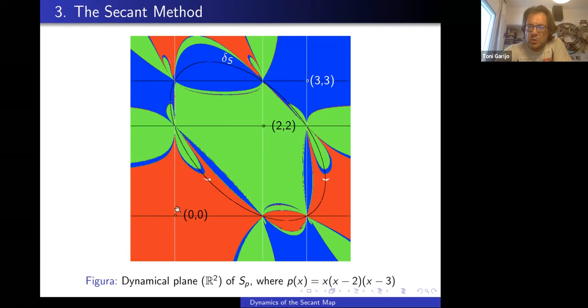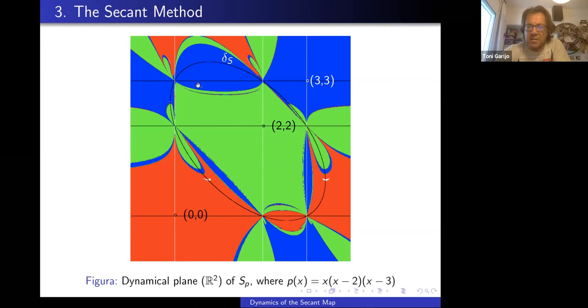These are the roots and the fixed points 0, 0, 2, 2, and 3, 3. And at this set delta, here are the indeterminacy points. Look that the first coordinate is 0, and the first is 2, and the second is 0. And here the first is 3, and the second is 0. And the same happened in that case.